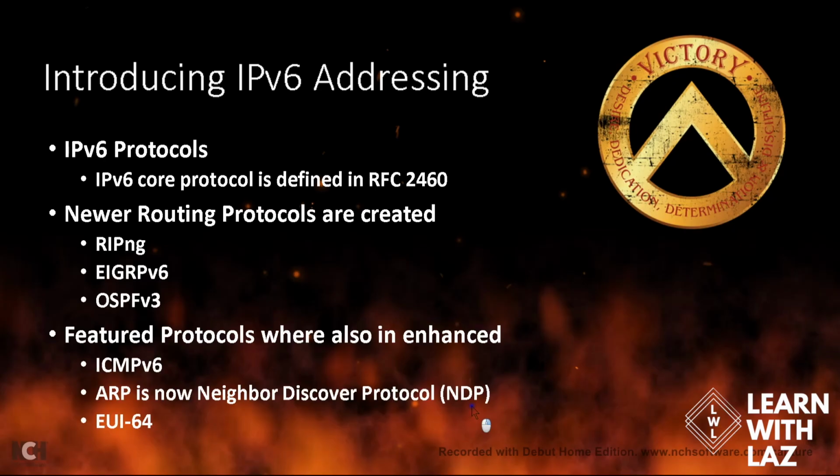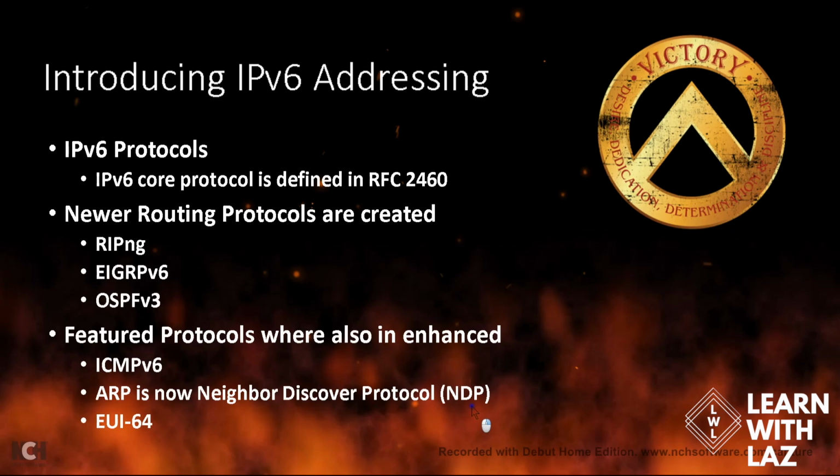How it does that is it takes the MAC address of that particular interface and pads it, meaning it takes the MAC address, splits it in half, and puts FFFE right smack in the middle, to turn it into a 64-bit address. I'm not going to go any deeper than that because we will later on, but just so you know.